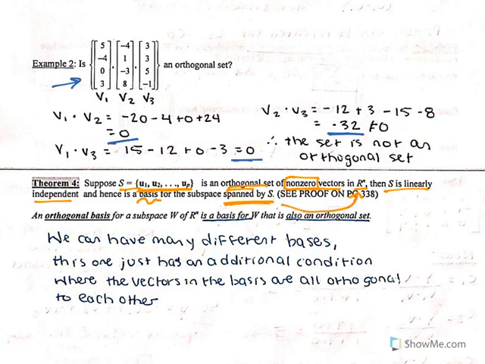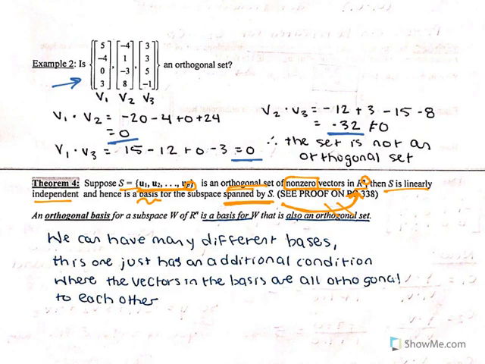This is a great true-false question. It's not necessarily a basis for Rn because I did not tell you whether the number of vectors in the set was equal to the n dimensions that we're looking for. So I know that it's linearly independent, but all I know is that it spans. This is a basis for the set spanned by S. I would have to have more information to know if that set spanned all of Rn.